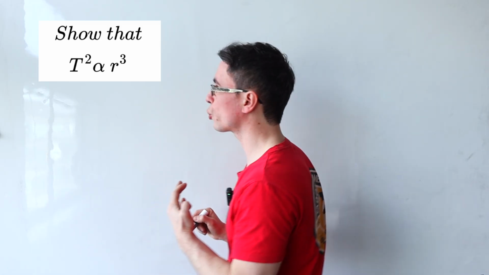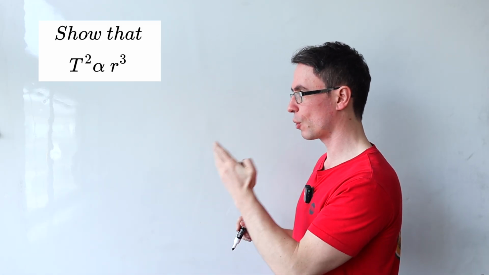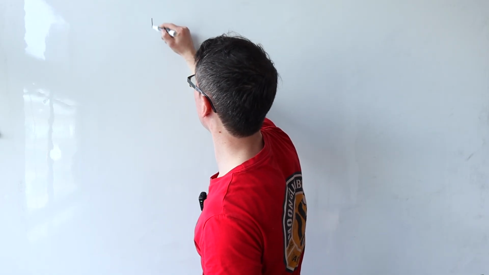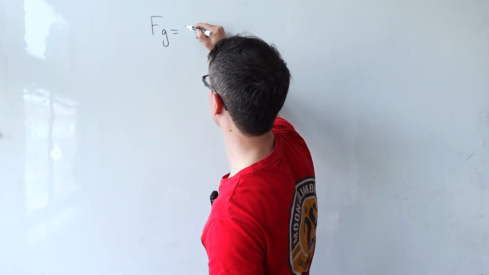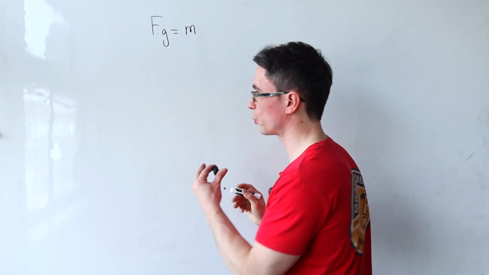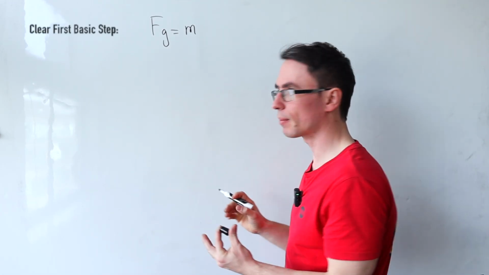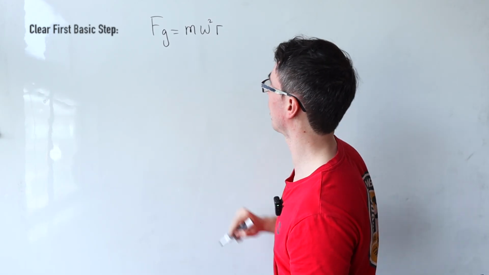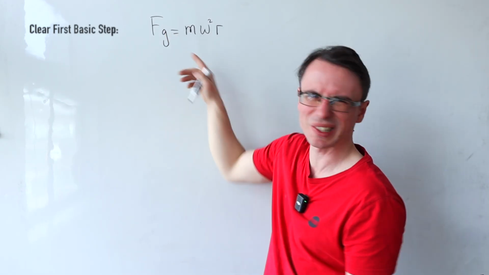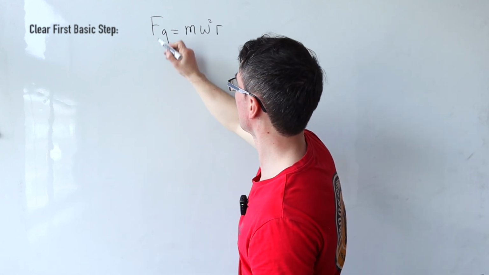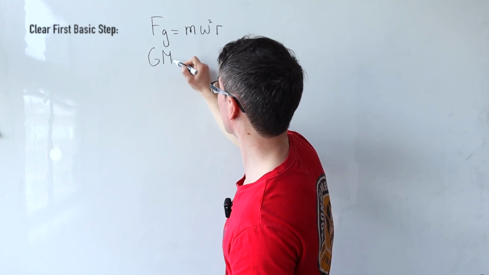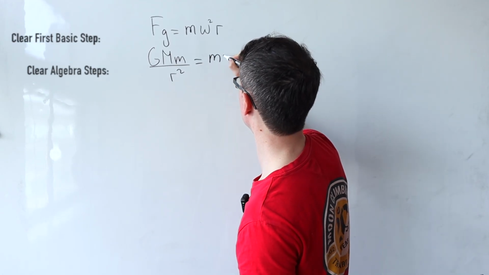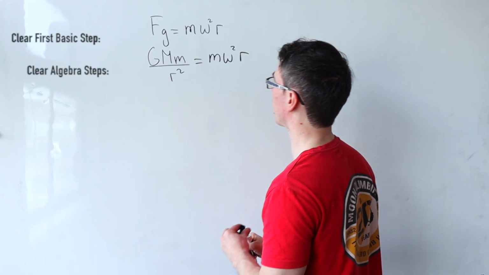So to show that the square of the orbital time period is proportional to r cubed, we must look at the gravitational force, which is then going to be equal to the net centripetal force, which is m omega squared multiplied by r. The gravitational force, this here is just a subscript by the way, is just going to be given by its magnitude, which is GMm over r squared, equal to m omega squared multiplied by r.